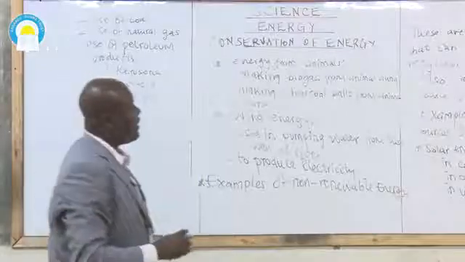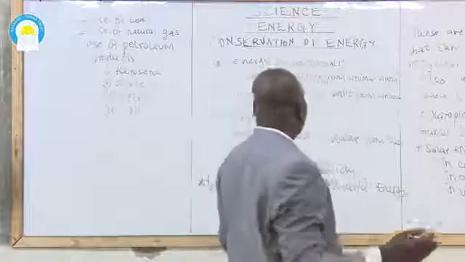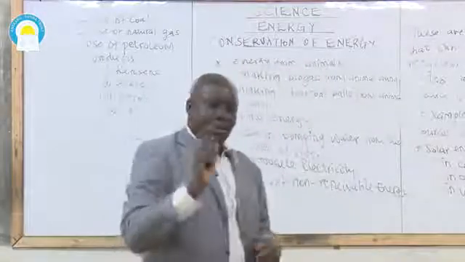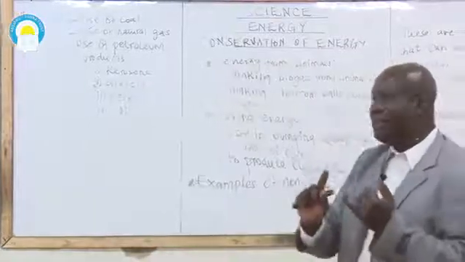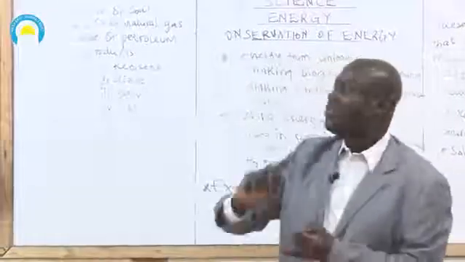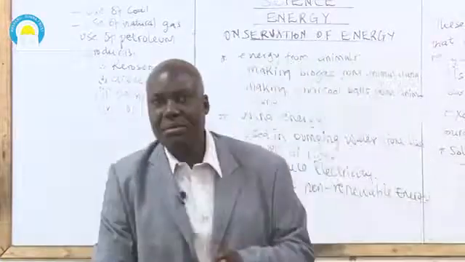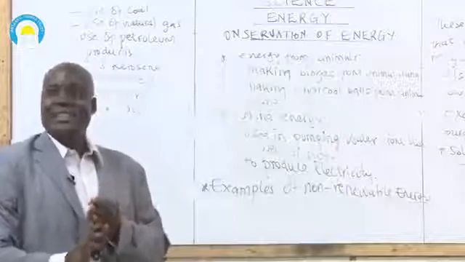Then from there, class, what did we learn today? We have learned that ways of conserving energy are three, which are using energy-saving devices, using renewable source of energy, and using energy sparingly.